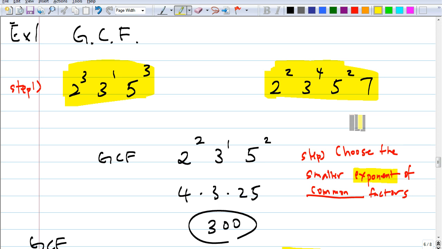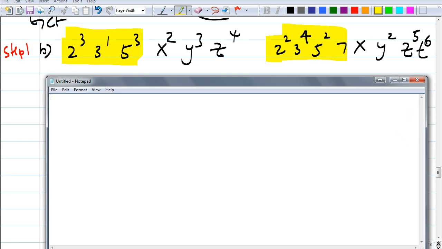You guys remember that? All right, now today on your homework, it's going to be very similar to this, but guess what? Instead of just numbers, they're going to give you some exponents, and not only numbers, they're going to include some variables. So this is what you have for tonight.